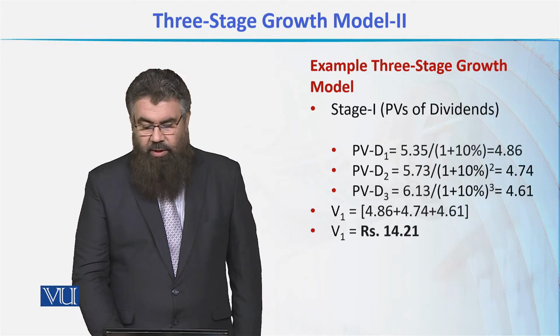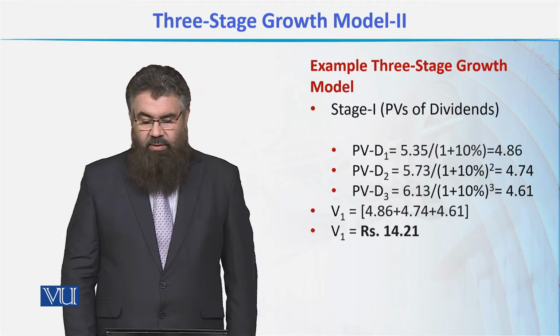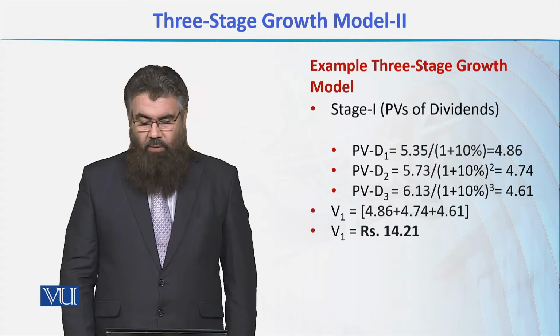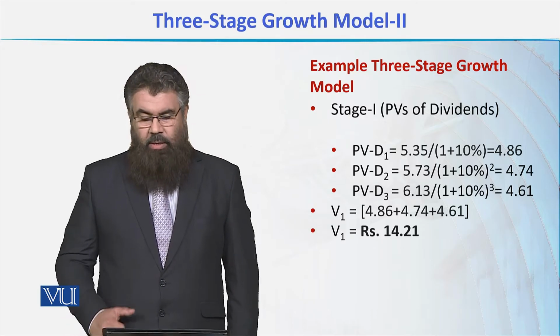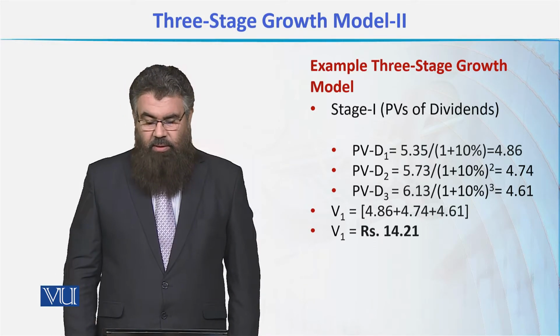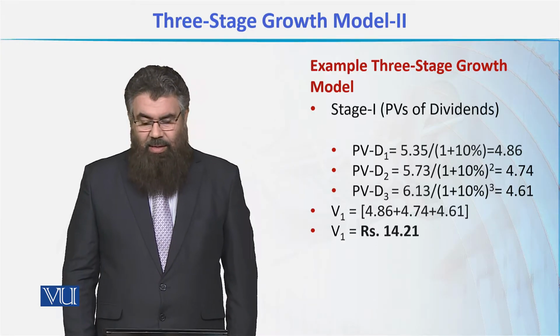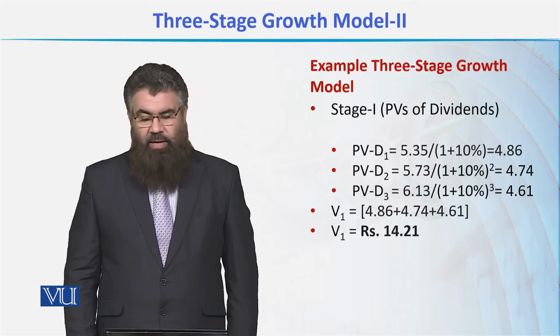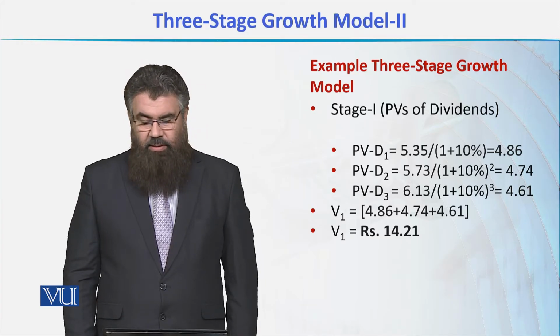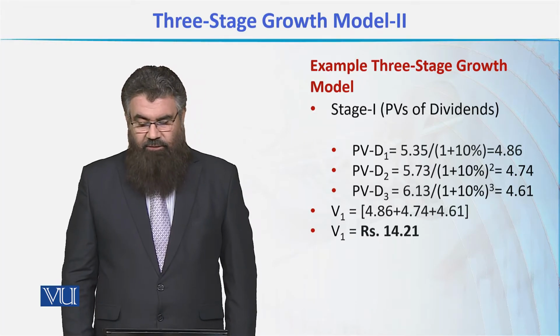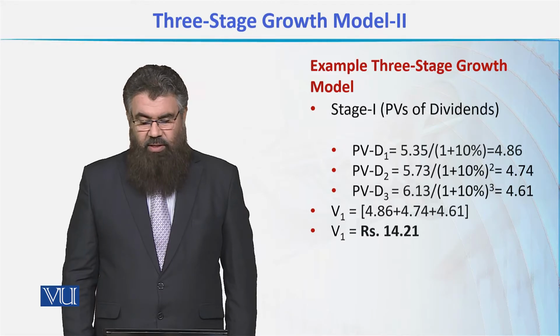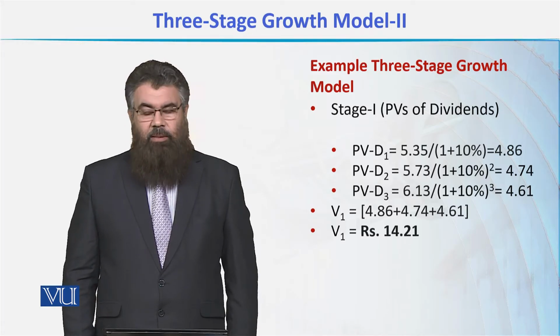From the fourth year, we'll have the second stage of the growth rate of the dividend. But before that, these dividends are to be discounted and their present values are to be calculated. So the first stage is from year 1 to 3, and the dividends are 5.35, 5.73 and 6.13, and the discounting rate is 10%.